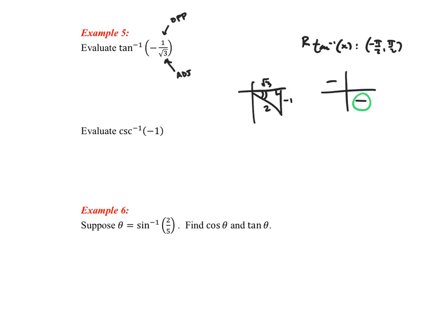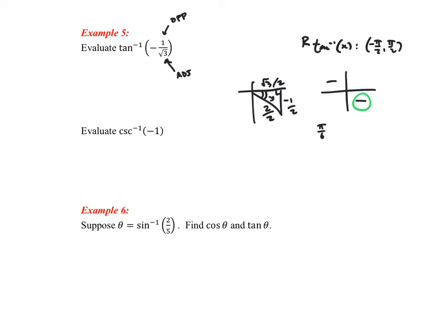Now it's not something typically that we've seen with regards to unit circle type triangles, but if I divided everything by 2, it would be. So it looks like I would get an angle here of pi over 6.